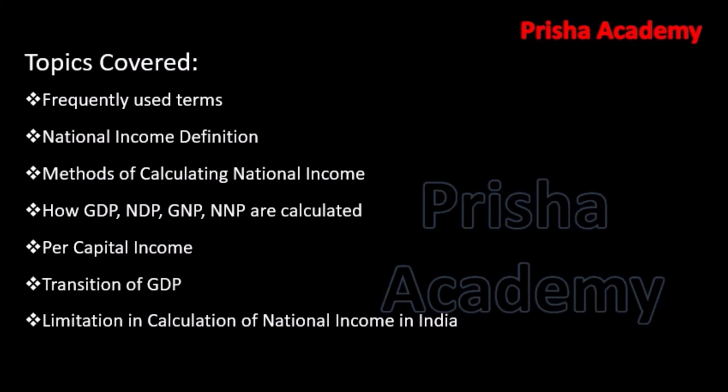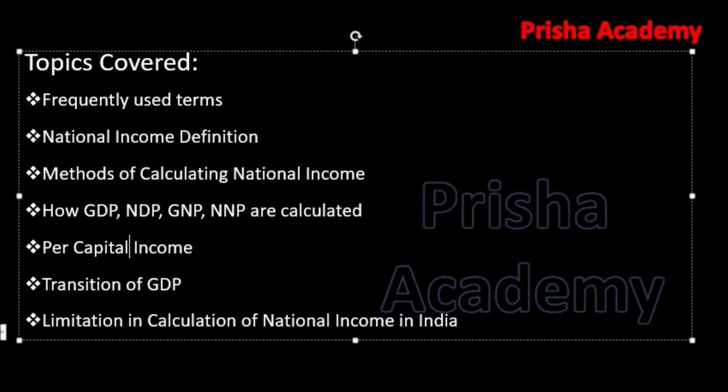Then national income definition and methods of calculating national income, and how GDP, NDP, GNP, NNP are calculated, and what is per capita income and how it is calculated, and transition of GDP. And then we'll go to limitations in the calculation of national income in India.